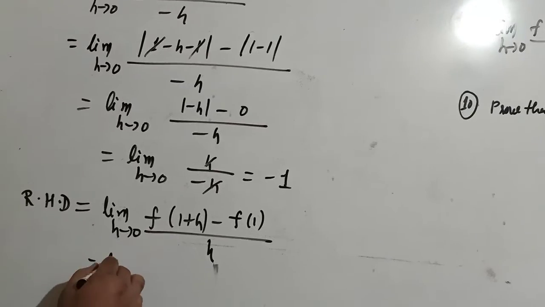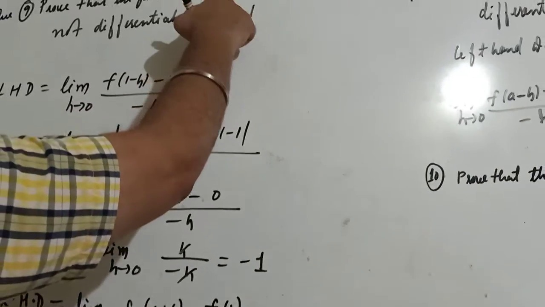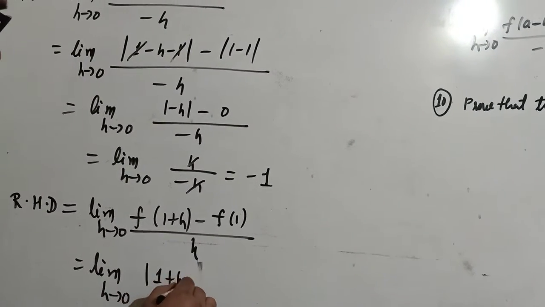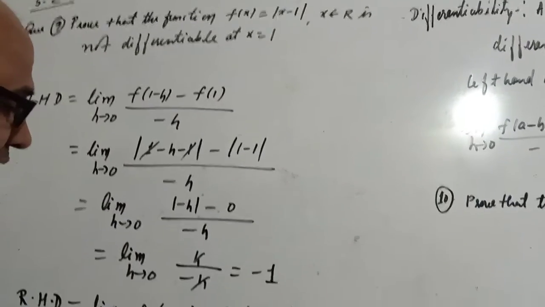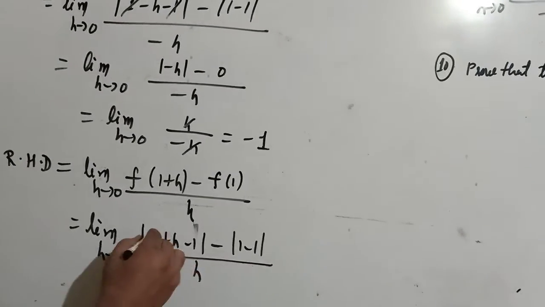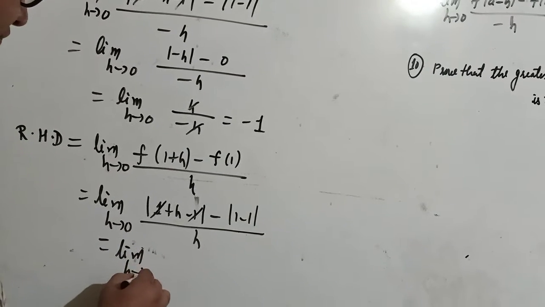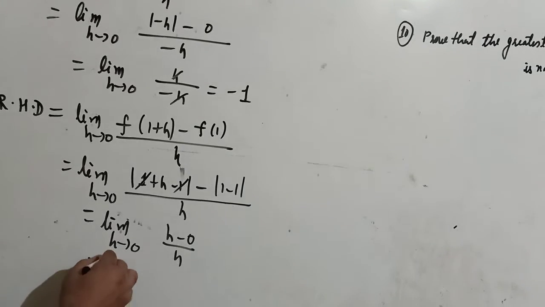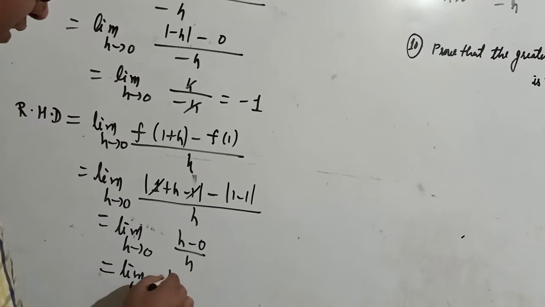So this is limit h tends to 0. If you put 1 plus h here, it is mod 1 plus h minus 1, and f of 1 is mod 1 minus 1, upon h. 1 cancelled. So this is limit h tends to 0, h minus 0 upon h. h cancelled. h upon h is 1.